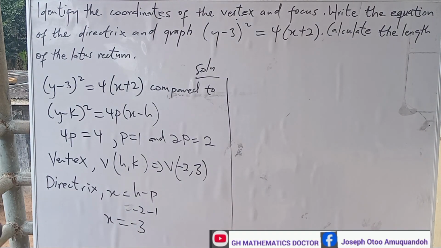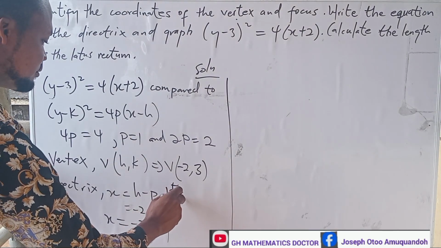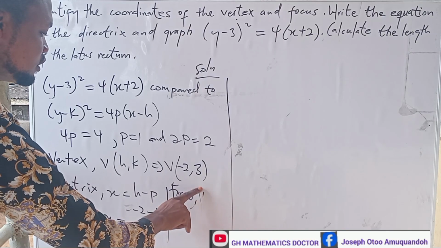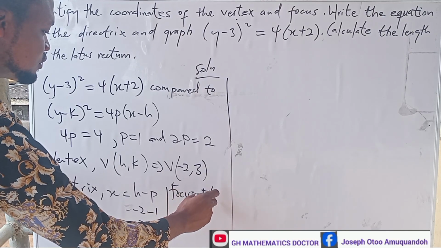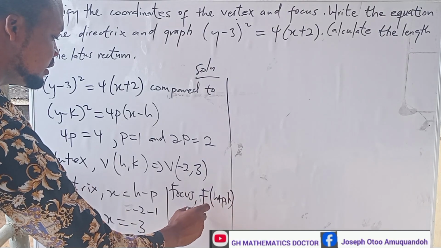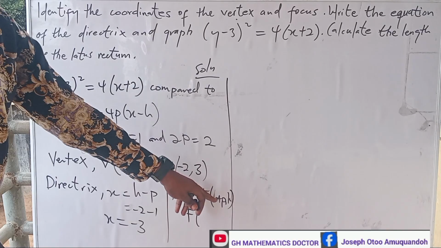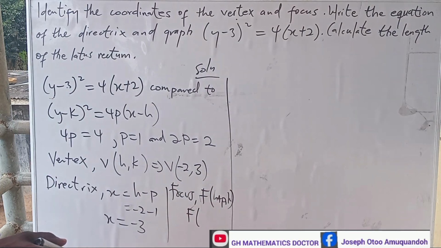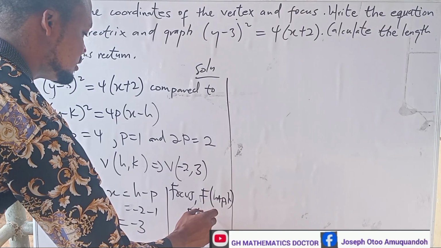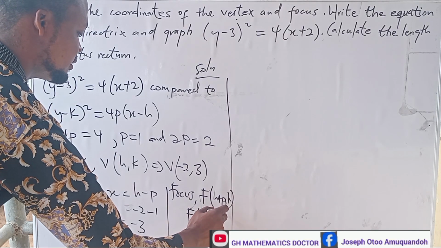Then our focus. The focus is, f for focus, (h plus p, k). So if you compare this, our h supposed to be negative 2, plus 1, comma 3.